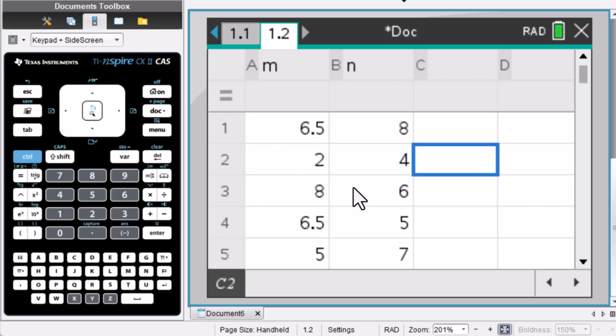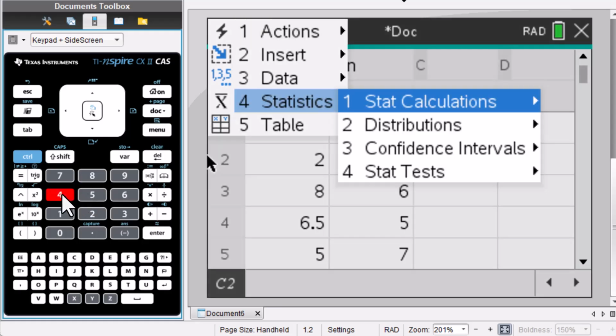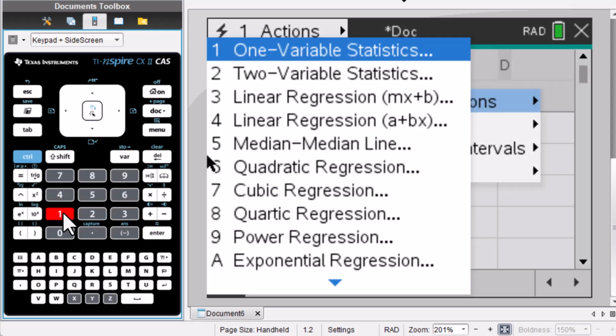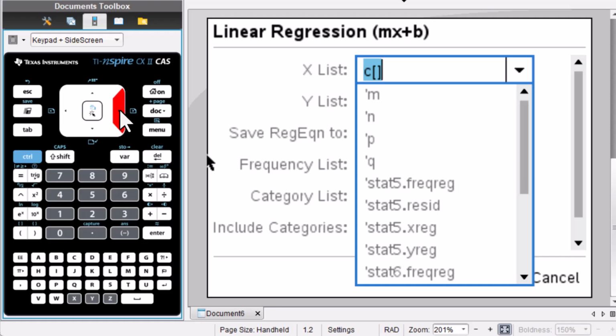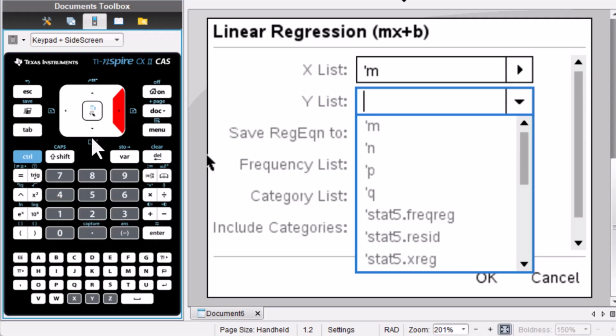After you put in the data of ranks, click on this menu for statistics. Go to 1, stat calculation. Go to 3, linear regression line. Double click this right arrow button to get M, N for Y list.